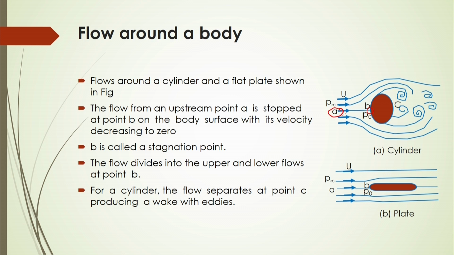And from that stagnation point, the flow will be divided into upper and lower flows, and after that, behind this object, whenever the flow separates from the upper or lower part, it will produce a circulation, and that circulation will produce the wake with eddies.